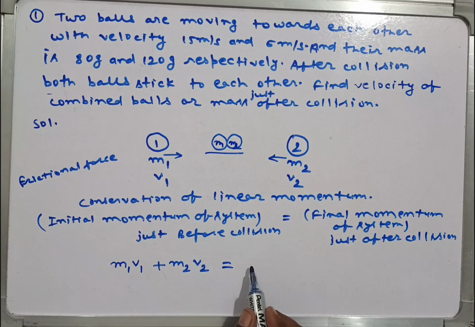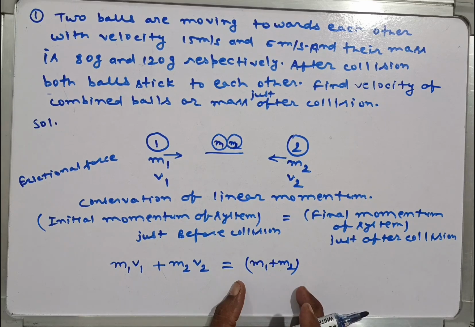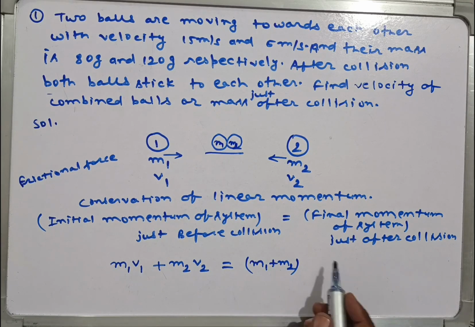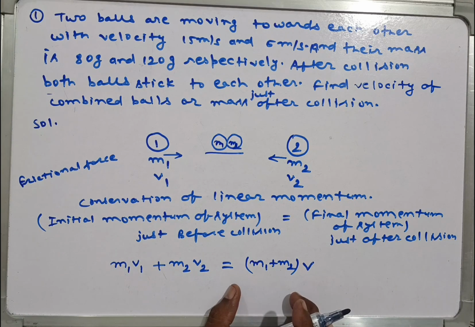So the mass of the one unit is equal to m1 plus m2. Say the velocity of this combined mass after collision is v.